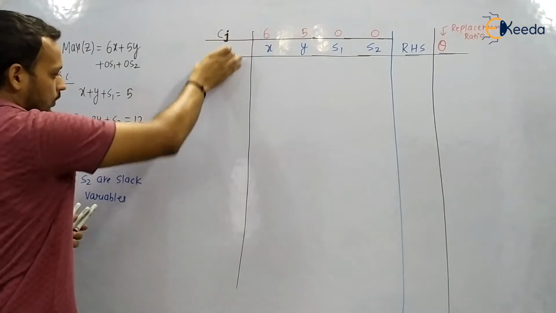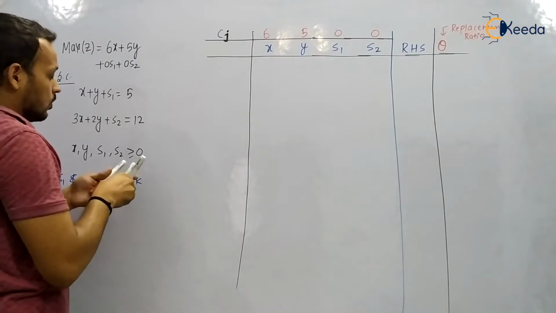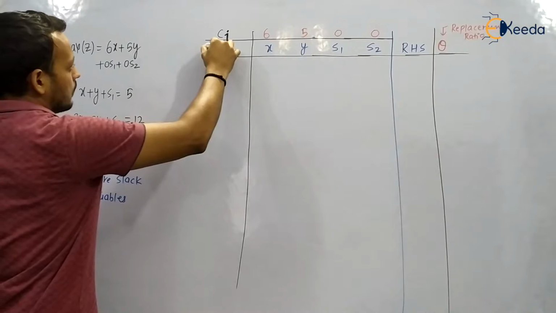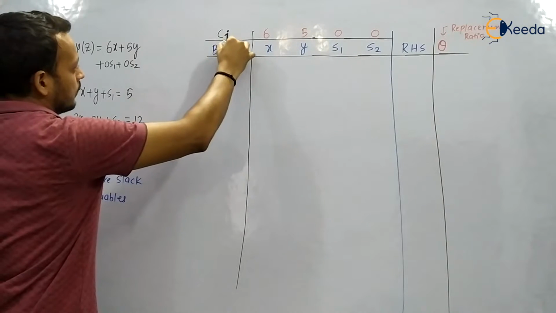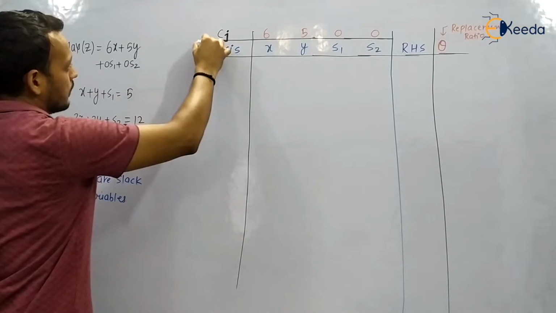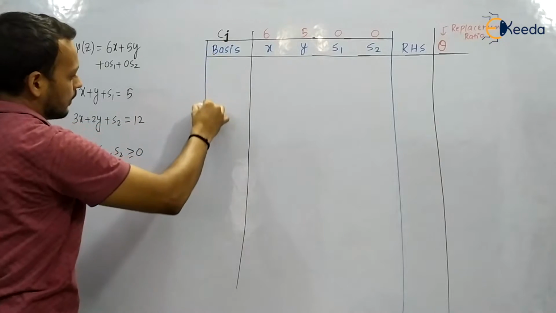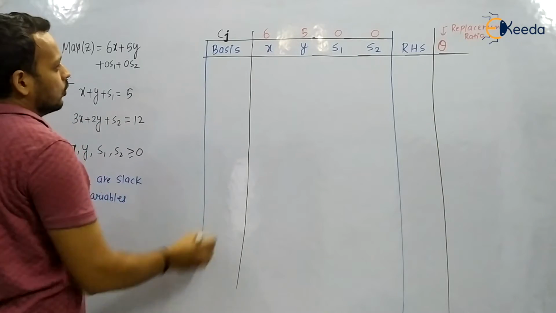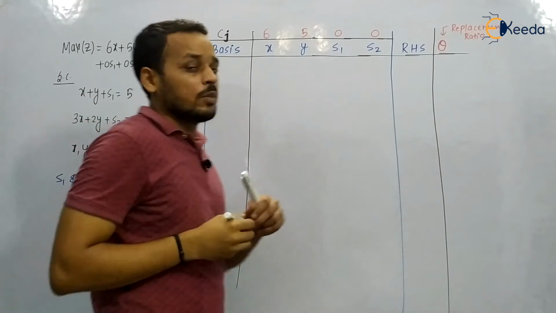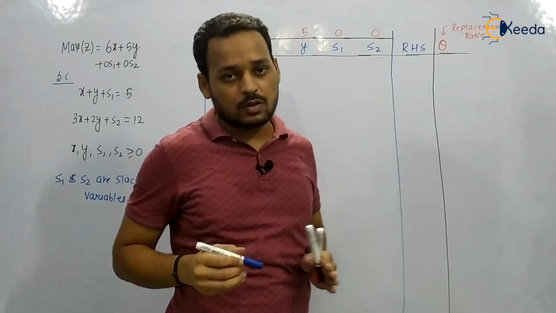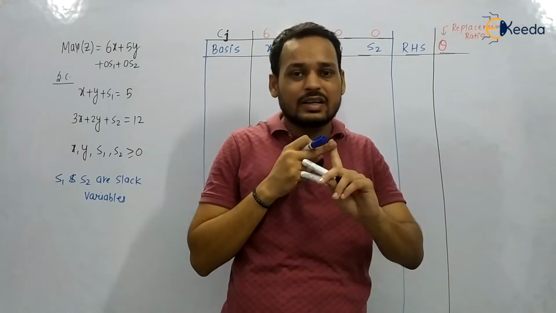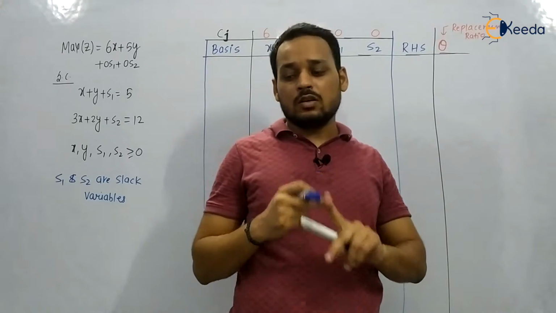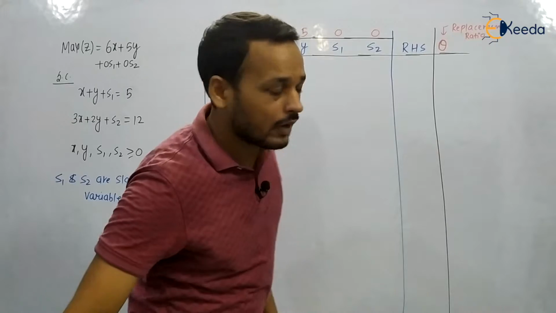Now this column will consist of basis. This column is known as basis. Basis means basic variables. So just start your simplex table with the help of slack variables. The first step is to start your simplex table with slack variables.